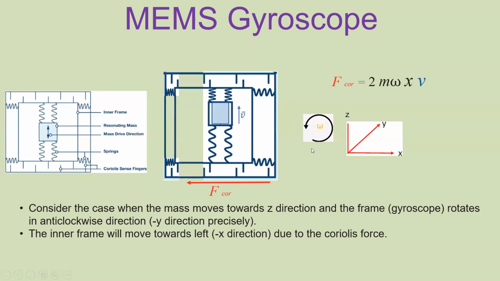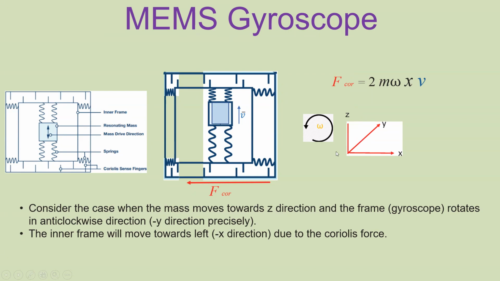Okay, now take your right hand and curl your fingers in anti-clockwise direction. So you will see that the thumb will be directing towards your face, out of the screen. That means omega is out of the screen. Out of the screen is minus y direction. So we are considering the case when the mass is moving in. Here I have defined the XYZ non-inertial frame of reference coordinates for this MEMS gyroscope.